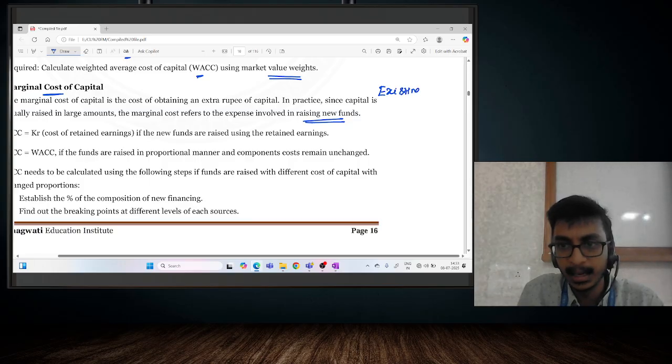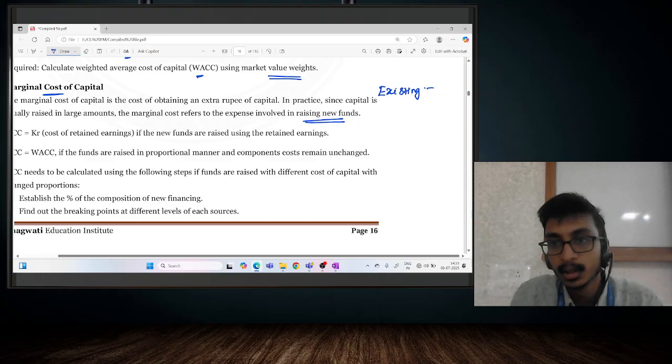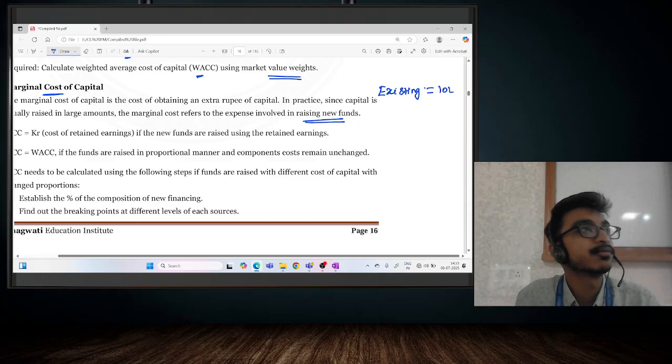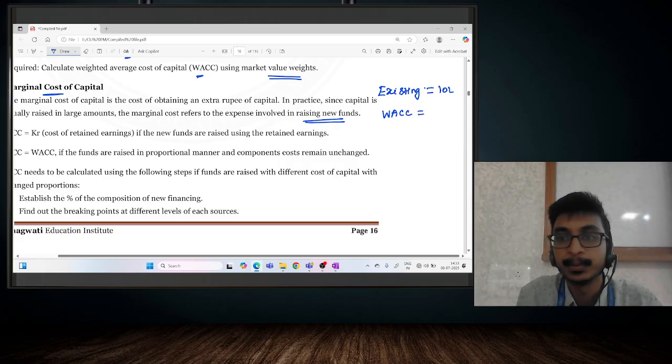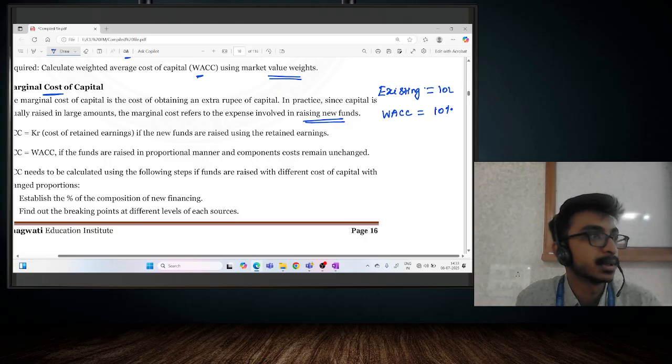So what they are saying is, for example, let's say the existing capital of an organization is 10 lakh rupees. And for raising this 10 lakh rupees, let's say the weighted average cost of capital of the company is 10%.